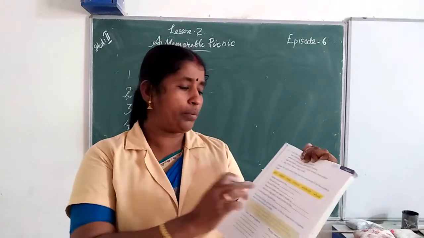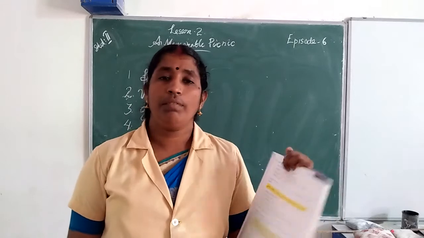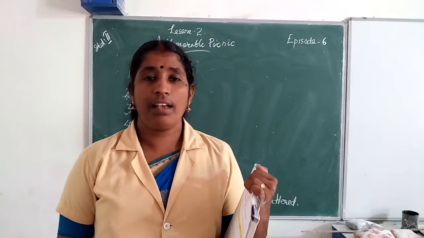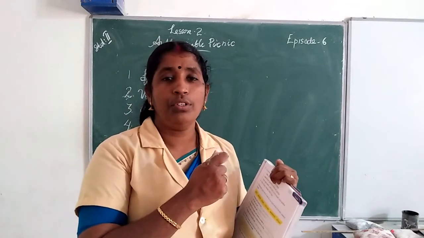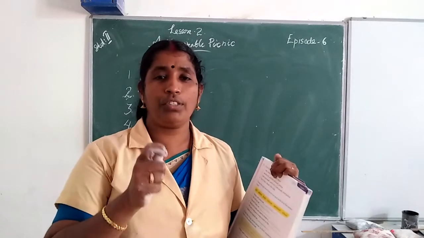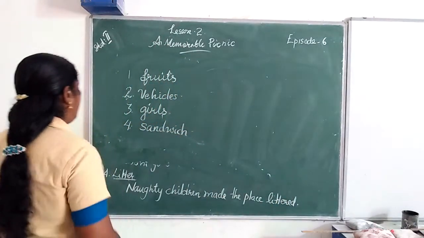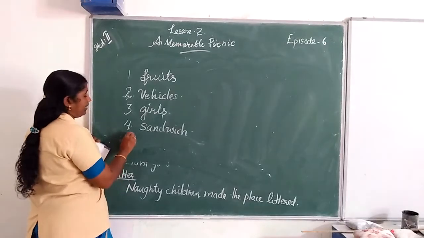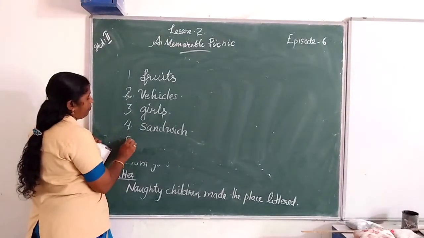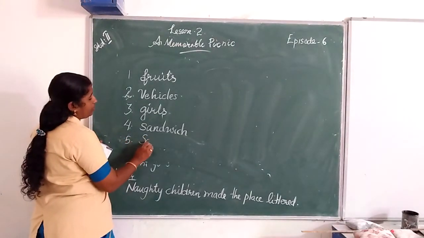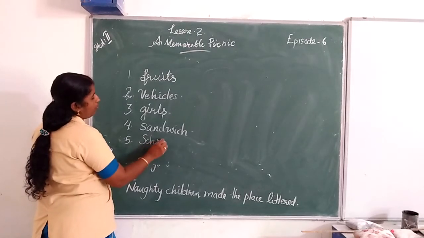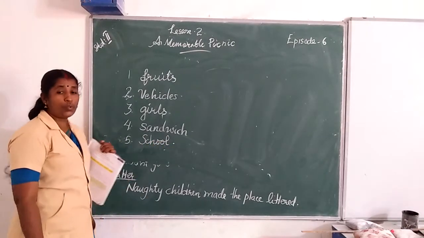The remaining two options are subjects and school. We carry a bag to school. We carry a water bottle to school. Very good. It is school. The answer is school. Fifth one, S-C-H-O-O-L. School.